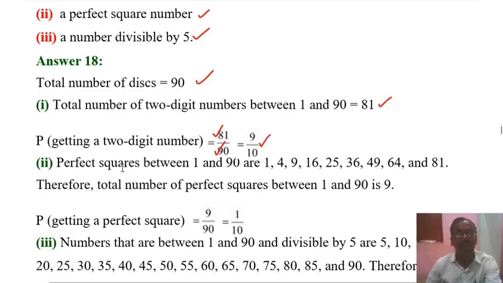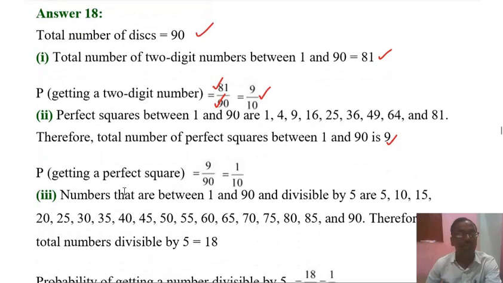Perfect squares between 1 and 90 are 1, 4, and so on, and the number of these is 9. So the probability of getting a perfect square will be the number of favorable outcomes, which is 9, by the number of total possible outcomes, which is 90. After cancelling the common factor, we get 1 by 10.